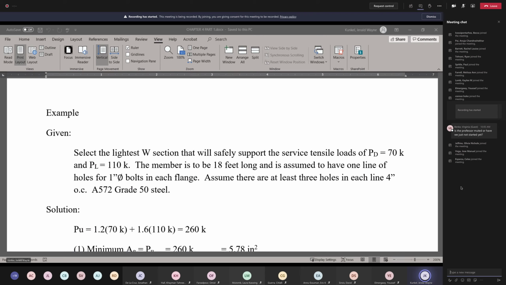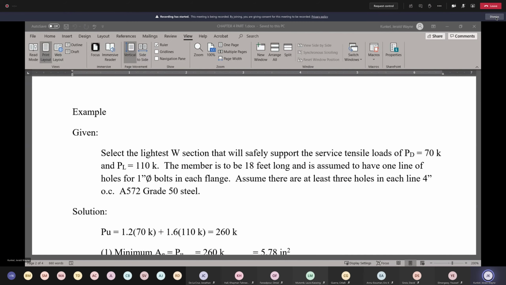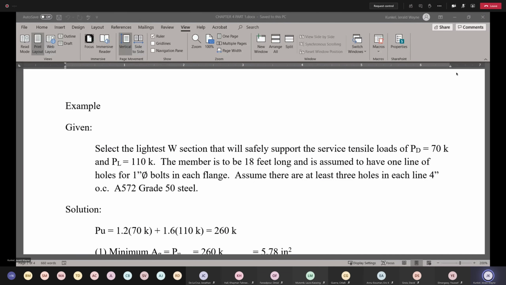Since it's a tension member, the loads have to be in pounds or kips. So if I told you the tension load to this wide flange section is 100 pounds per square foot, that doesn't tell you anything.